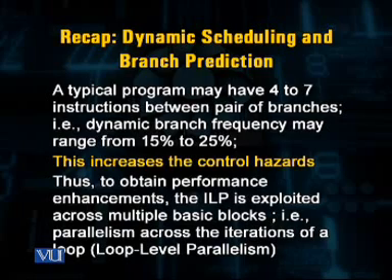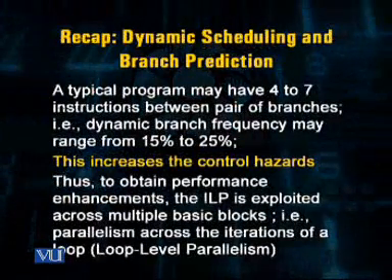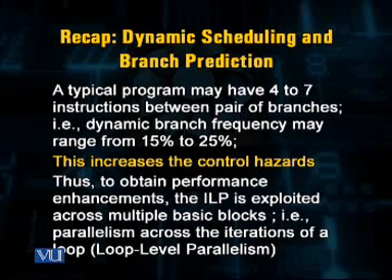Therefore, to obtain performance enhancement, we must give importance to reducing the number of stalls by using different prediction techniques for the control hazards. This type of parallelism across the iterations of loops is referred to as loop level parallelism.